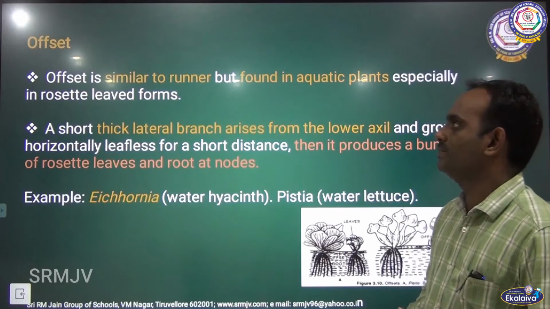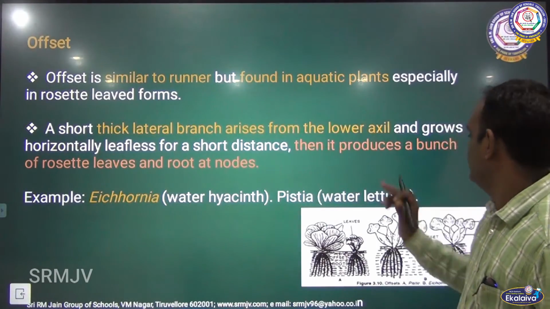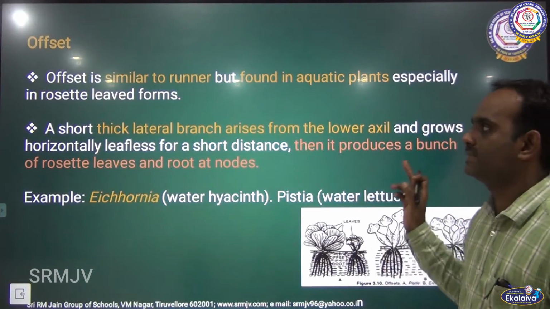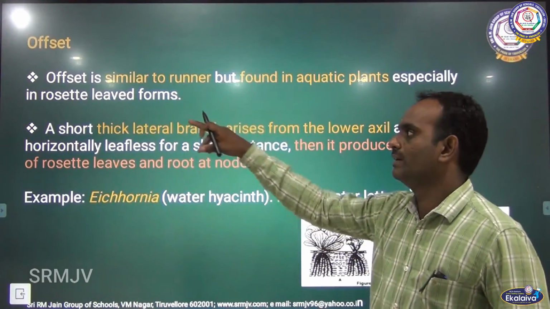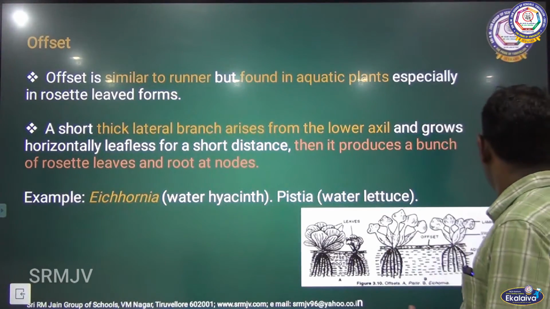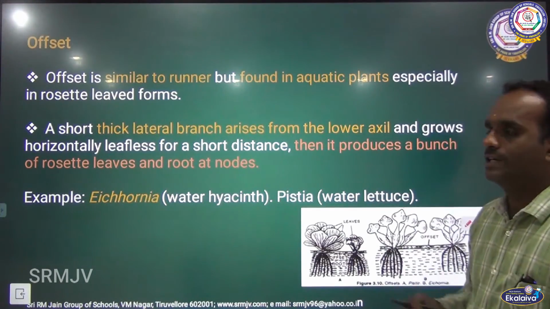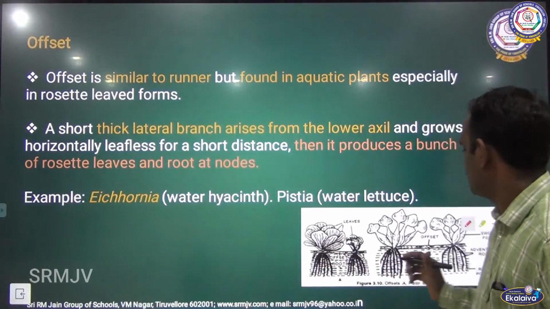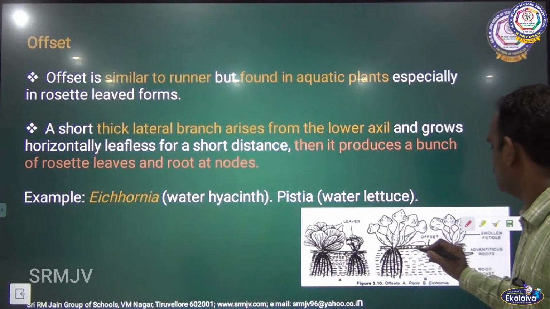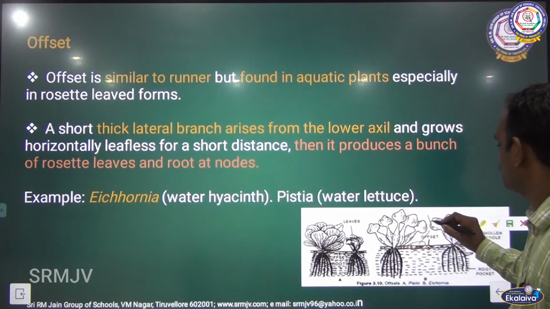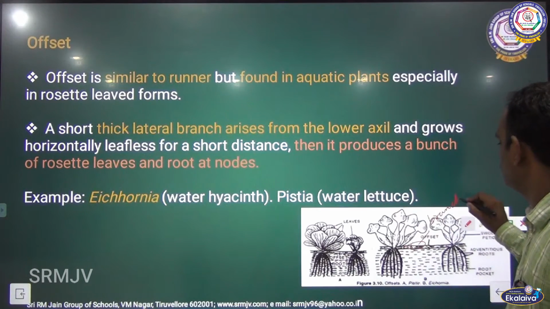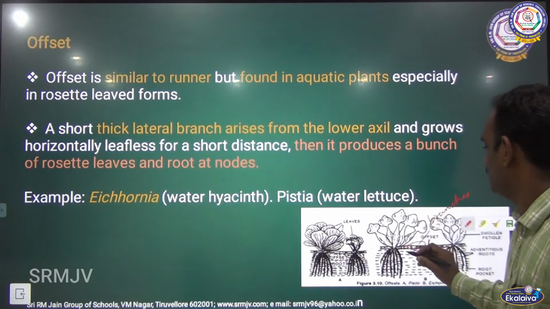Offset is similar to runner but found in the aquatic plants, especially in rosette leafed forms. A short thick lateral branch arises from the lower axil.